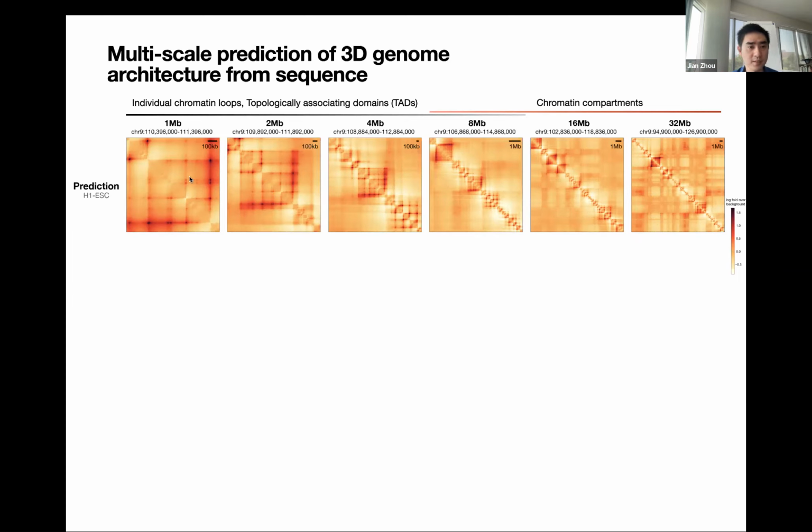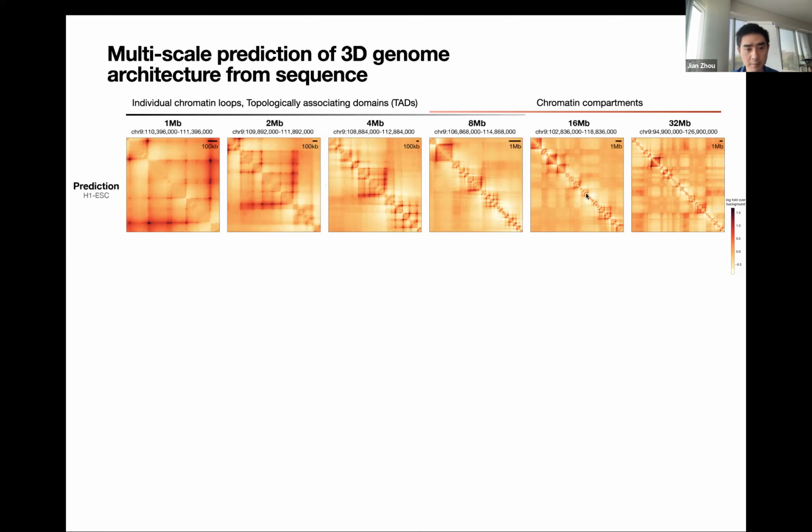And at the finest scale predictions, we can see clearly this TAD structure. And while we zoom out, at larger spatial scales, the compartment structure becomes the dominant feature. So we can now predict those 3D genome structures at all of those different spatial scales.